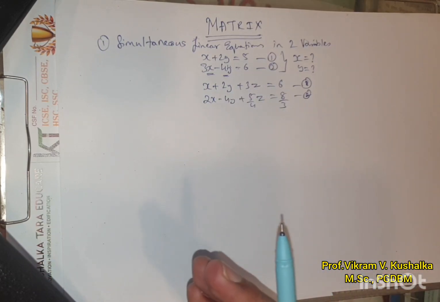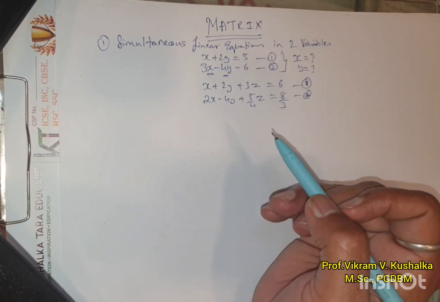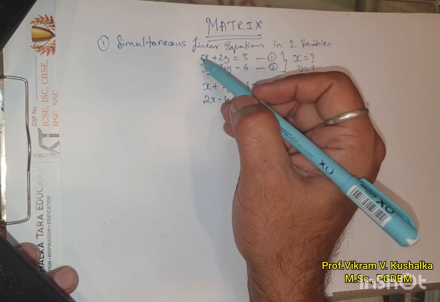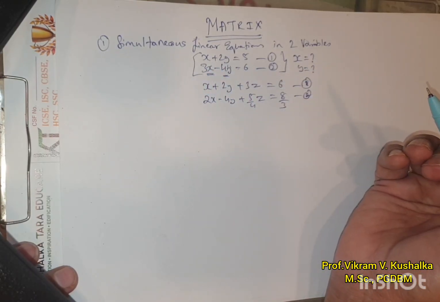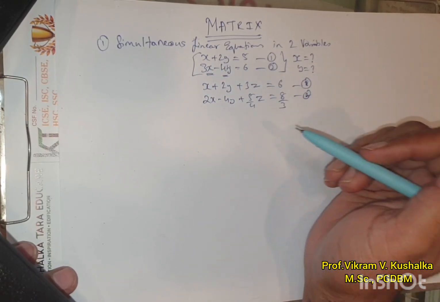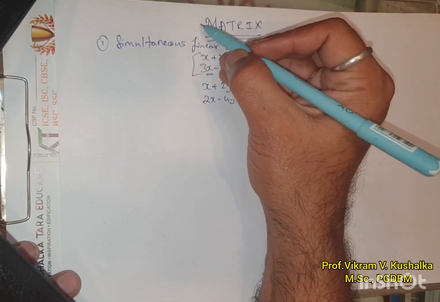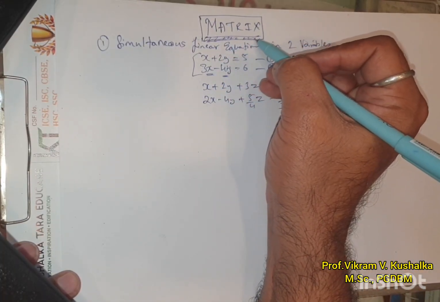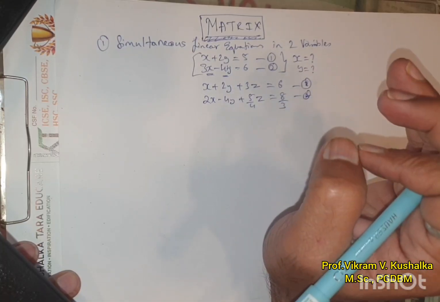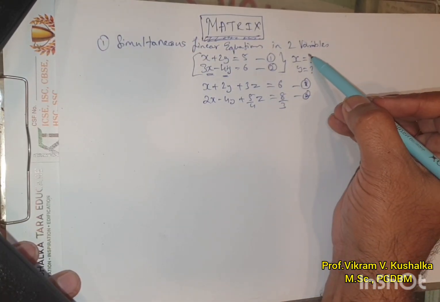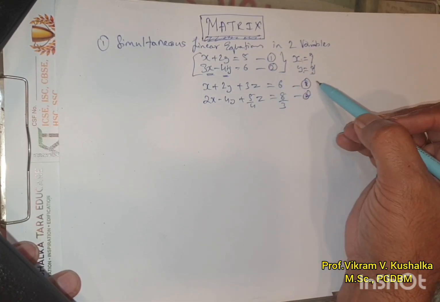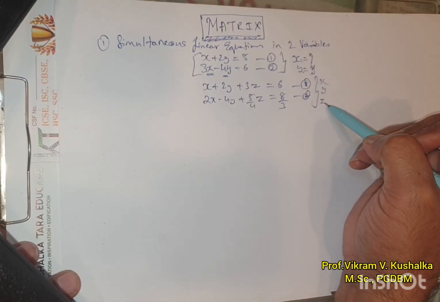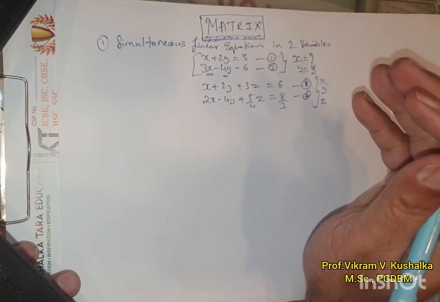So when the number of variables increases, it becomes very difficult to use simultaneous equation solving, and it is going to be highly complicated. That is where matrix comes into the picture, and we can use matrix very easily, very conveniently, to find out the values of x and y, or in this case x, y and z, comfortably.